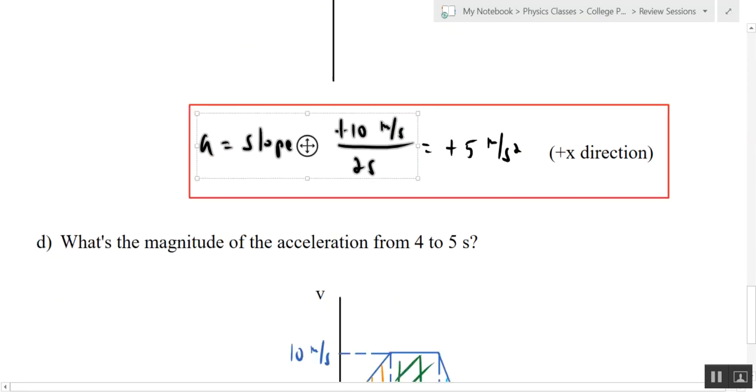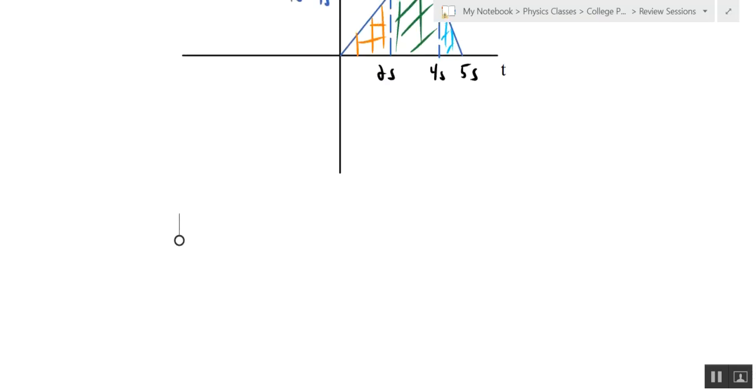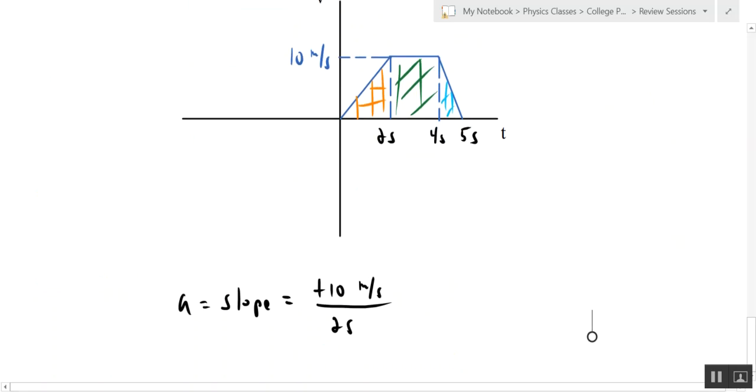But if we're doing it carefully here, right? What's the, quote, rise from 4 to 5 seconds? Probably 10. It's actually negative 10, right? I'm just showing you something. It's actually negative because you go down. You go down 10, not up 10.